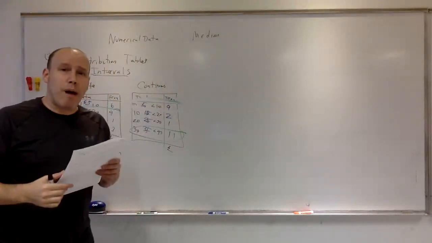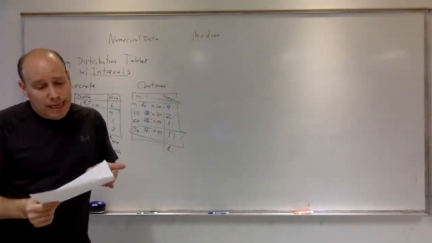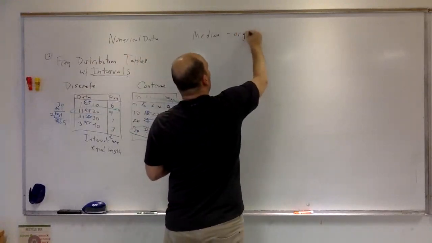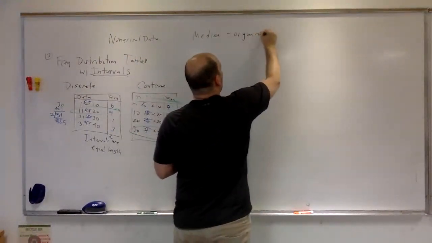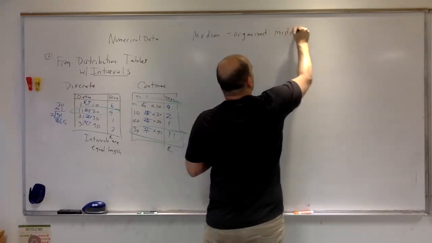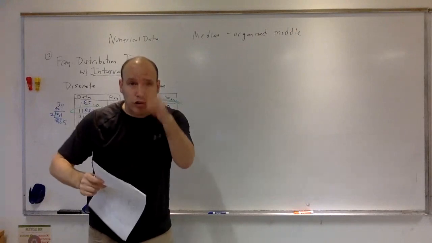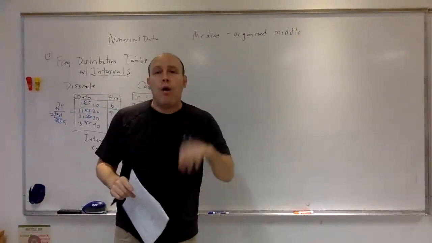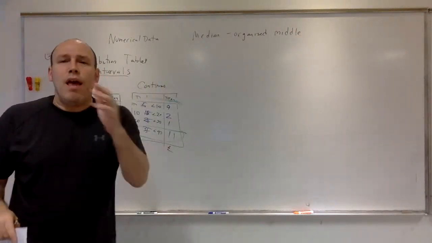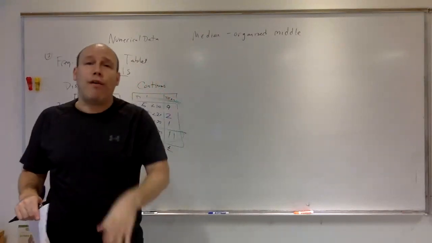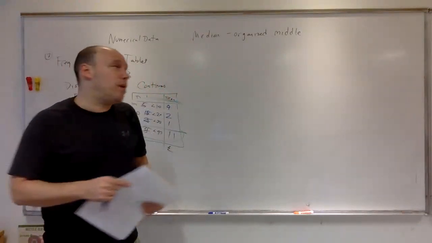Actually, it's really important. Median, I call it the organized middle. You literally take your data, put it in order, and then find the middle piece of data. Why this is so important is because if you add another piece of data, it can knock the middle off.